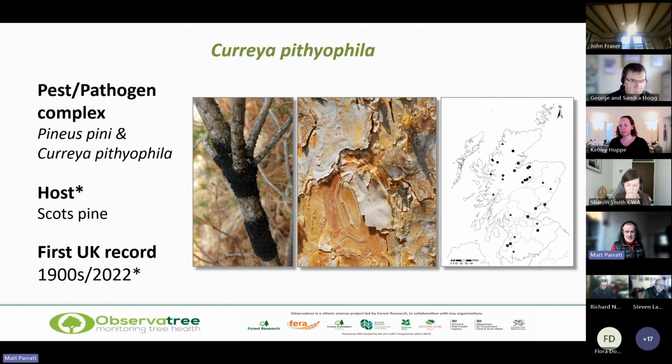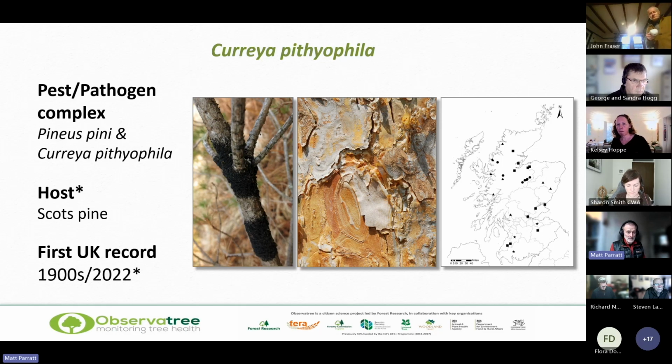It's this little adelgid called Pineus pinei, which is a bit like an aphid in some ways, and a fungus called the Correa Pythiophila, and they get together to cause some problems for Scots pine. So it's got an interesting backstory.